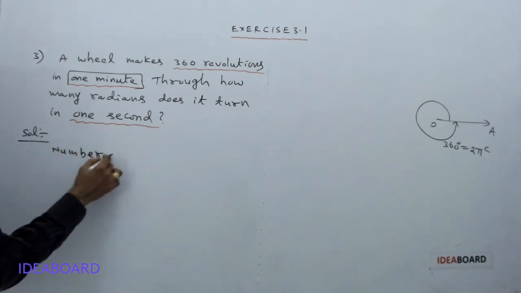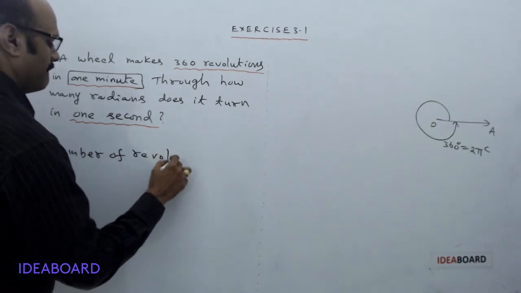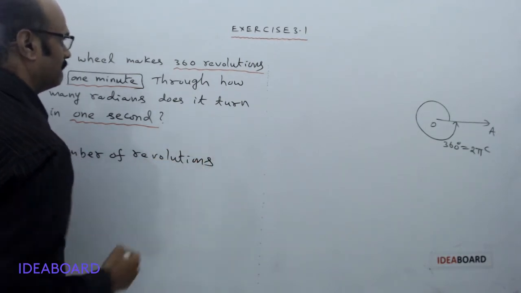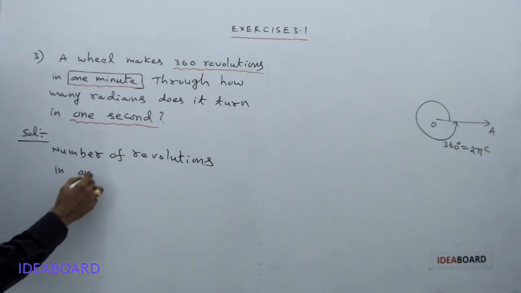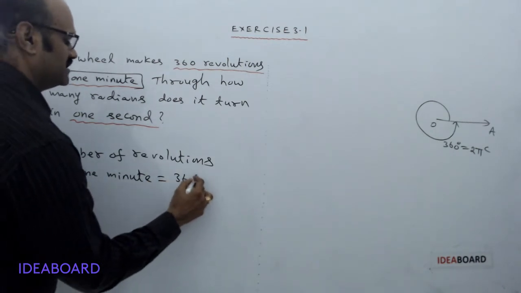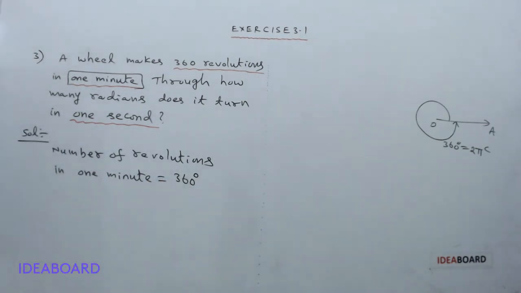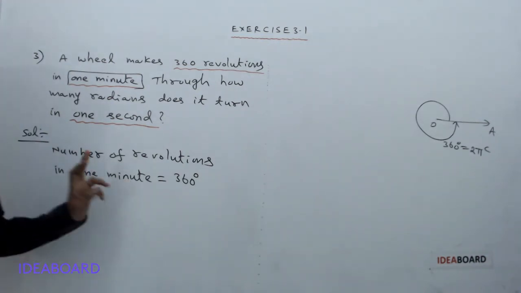Number of revolutions in 1 minute equal to 360. We know that 1 minute means 60 seconds.